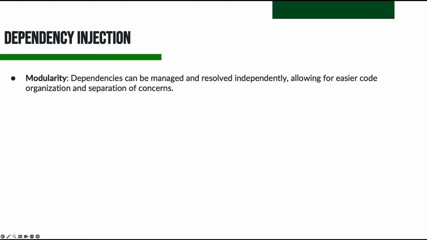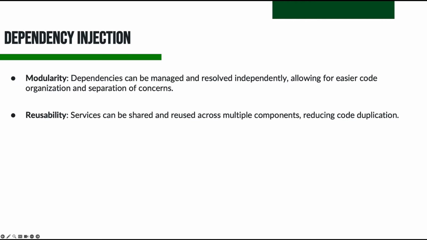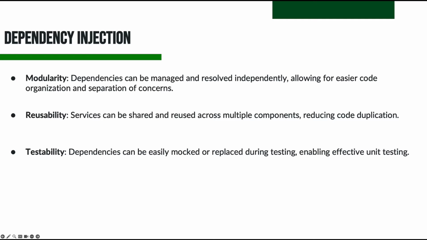First, we have modularity. Dependencies can be managed and resolved independently, allowing for easier code organization and separation of concerns. Reusability: services can be shared and reused across multiple components, reducing code duplication. And then testability: dependencies can be easily mocked or replaced during testing, enabling effective unit testing.